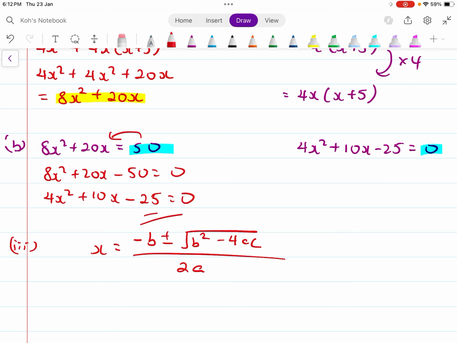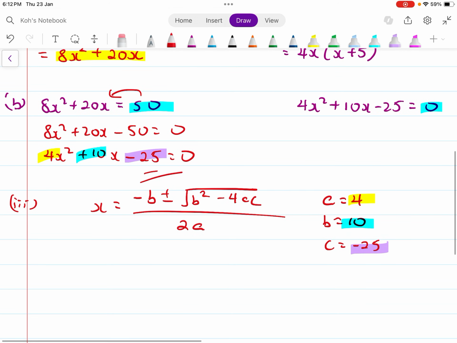So let's determine a, b, c. A is equal to 4, b is equal to 10, c is equal to negative 25. You must take the sign together. So you just substitute in, and you will get the answer.